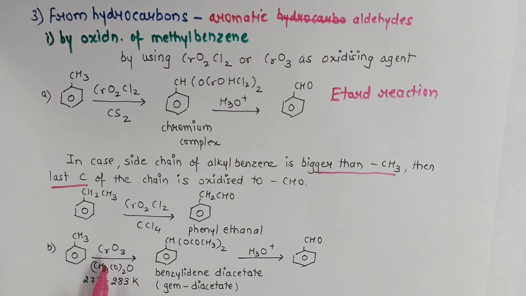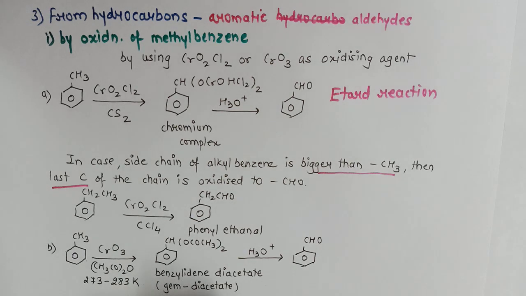Now the second is by using chromic oxide as an oxidizing agent. When methyl benzene is treated with chromic oxide in the presence of acetic anhydride at a temperature of 273 to 283 Kelvin, we get benzylidene diacetate, also called gem diacetate, which on hydrolysis gives us benzaldehyde. Now why do we need to use this? Why do we have to mask?